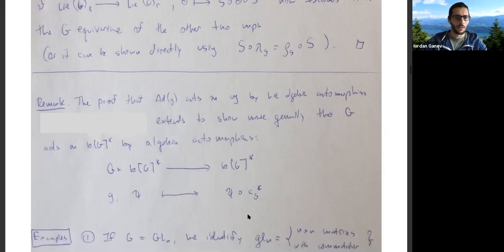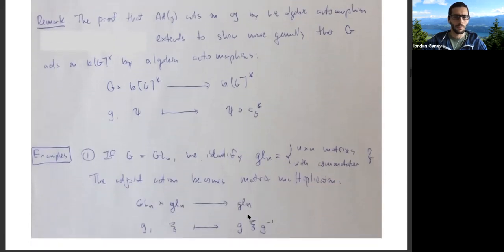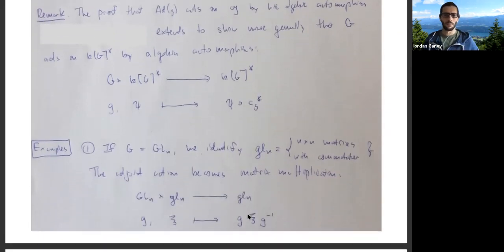All right, so what are some examples? Let's try to stay concrete. We saw that the Lie algebra of GLN is N by N matrices with the bracket being just the commutator. And the adjoint action is just matrix conjugation. This should say matrix conjugation, but the formula is correct. Anytime we have an invertible matrix and some other matrix, we can conjugate that other matrix by the invertible matrix.